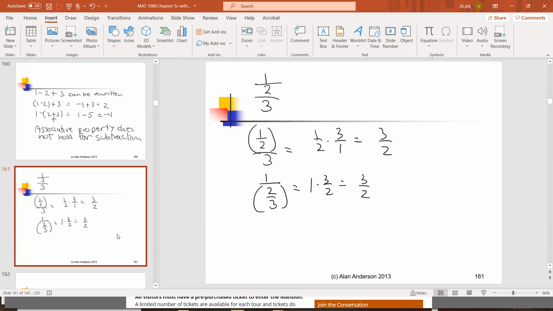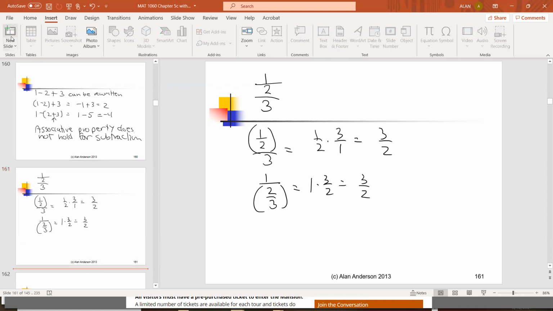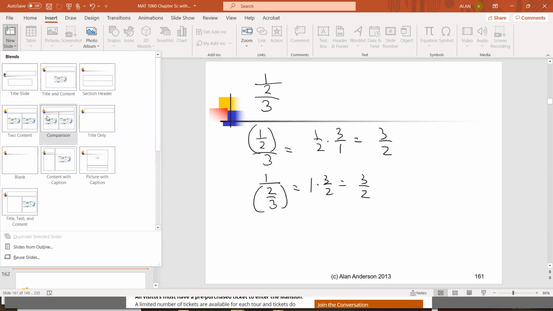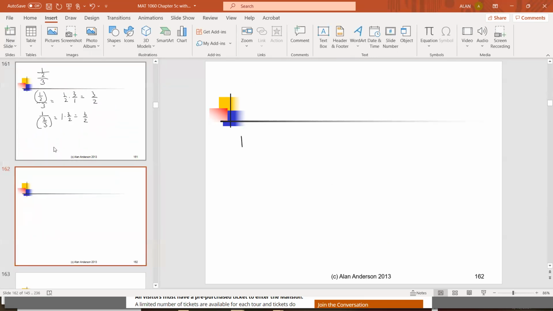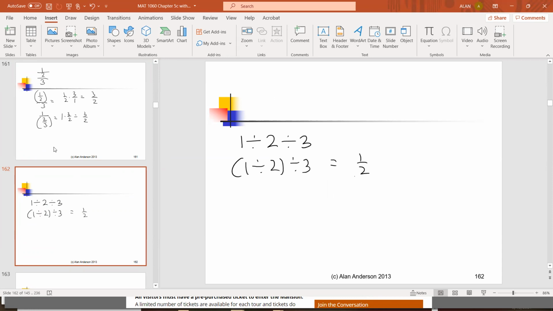Let's try this. Let's use the traditional symbols. Suppose I had 1 divided by 2. Well, that's actually what I just did. And so I could rewrite this as 1 divided by 2 divided by 3, which is 1/2/3, which is the same as 1/2 times 3/1.